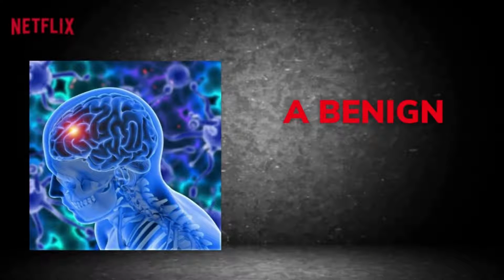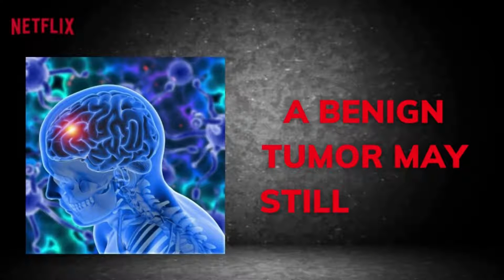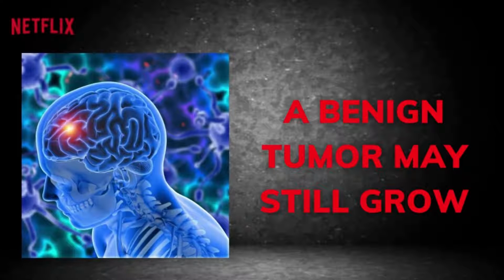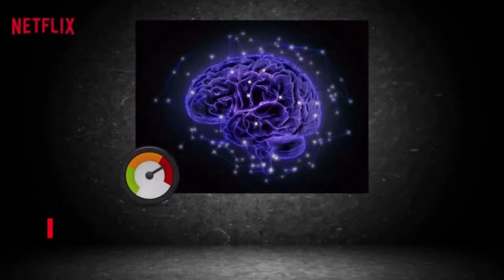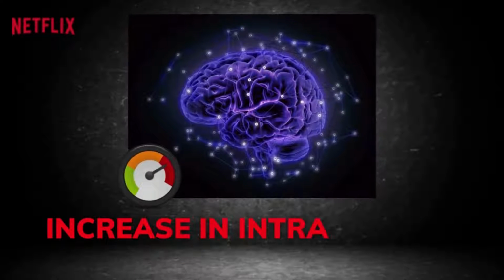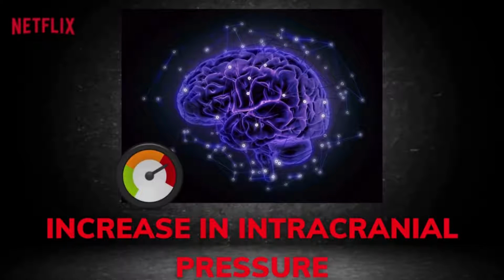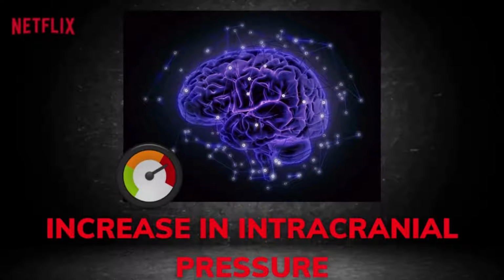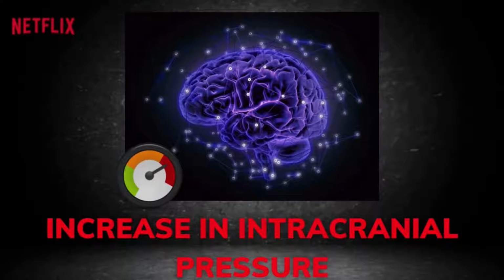A benign tumor may still grow and is still occupying some space where it should not be, and this then can cause an increase in intracranial pressure. An increase in intracranial pressure can occur, and this is caused by the growth of the tumor itself, swelling of the brain, or blockage of the flow of the CSF or cerebrospinal fluid.